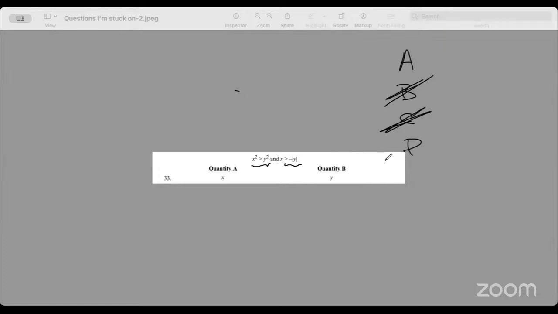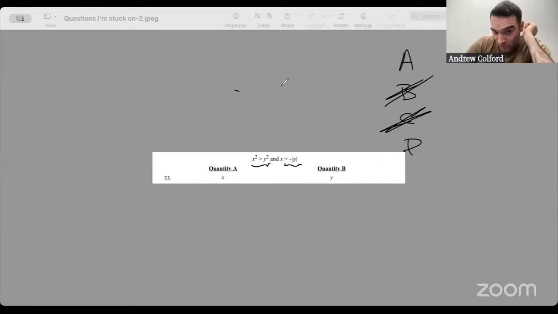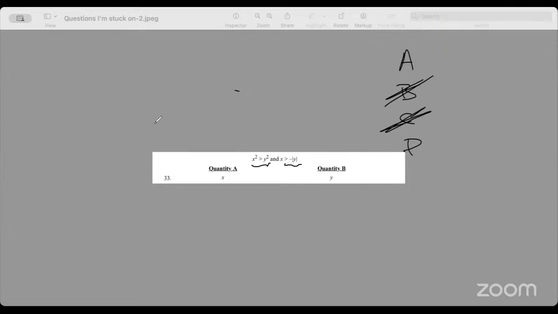Negative numbers sound like a good idea. Oh, sorry, could you repeat that? I think negative numbers sound like a good idea. Okay. Let's try. Negative 1.